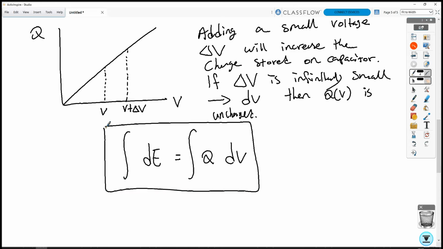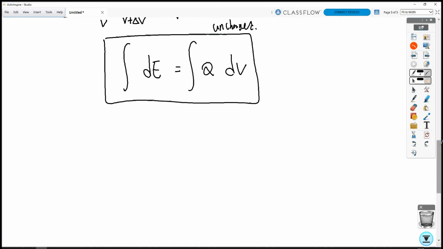Now, if Q was a constant, the integration would be simple. It just becomes QV. But Q is not a constant. Q is a function of potential difference, and that comes from our capacitor equation, Q equals CV. So if we want to integrate Q, which is a function of V, we have to do it with respect to V. So instead of Q, we're going to put CV.